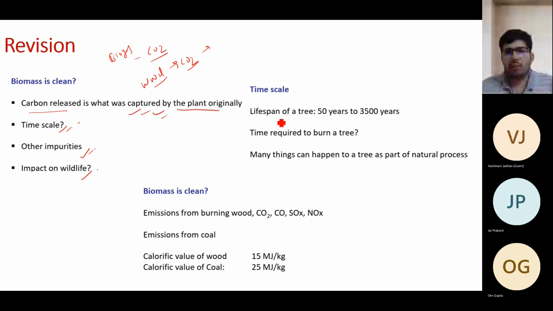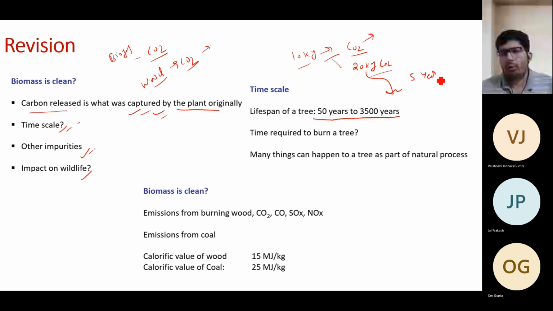Time scale: you can see the lifespan of a tree is 50 years to 3,500 years. But when we are burning, suppose, 10 kg of wood, that will generate instant pollution, instant CO2 in the environment. Suppose 10 kg of wood generates maybe 20 kg of CO2. This CO2 will be required by a tree, which will grow and use the CO2 maybe in 5 years.